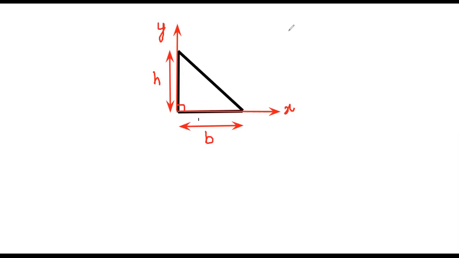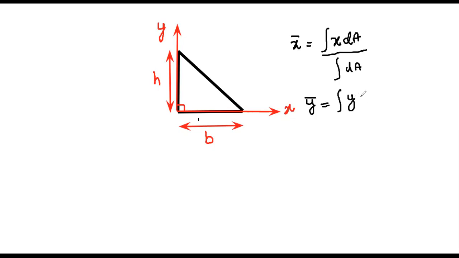We know from the definition of the centroid that the x coordinate of the centroid is equal to integral x dA divided by integral dA, and the y coordinate of the centroid is equal to integral y dA divided by integral dA.